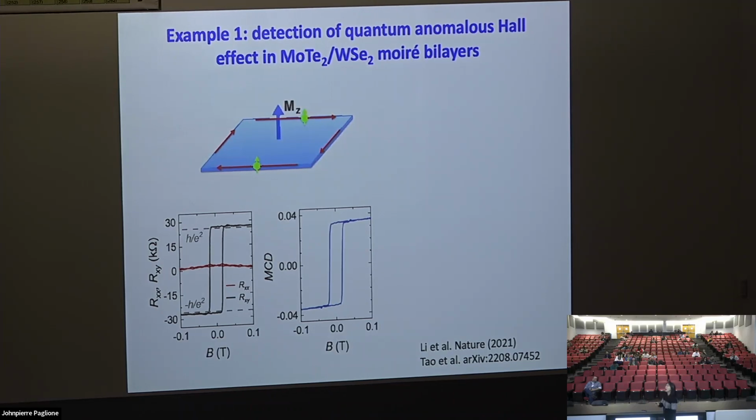At the same time, the longitudinal resistance is zero because it's dominated by the edge transport. So this is what you can tell from transport. And you can do the same measurements looking at the MCD, and this is the MCD measurement simultaneously done on the same sample, looking at this other aspect of the quantum anomalous Hall effect.